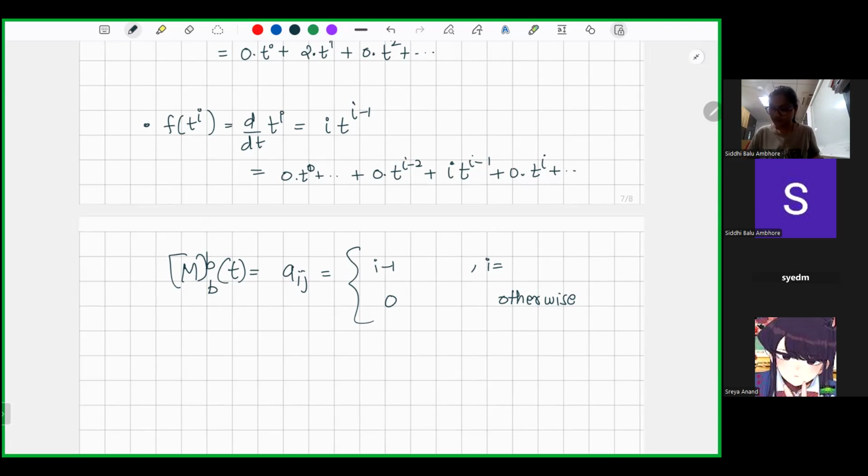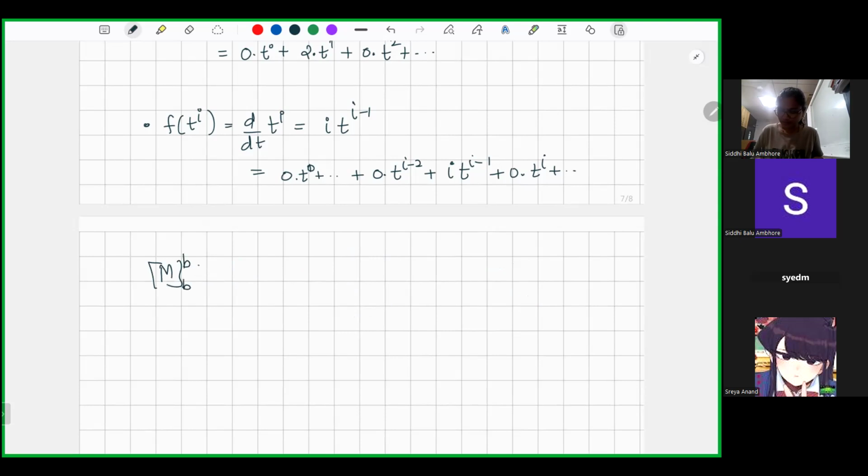They have written it as M_ij is j if j is i plus 1, such that j is greater than or equal to 1, and 0 otherwise. We'll see what this means.